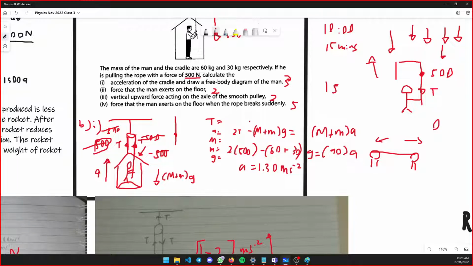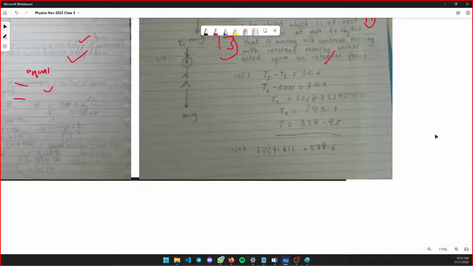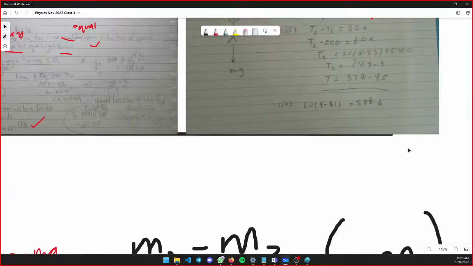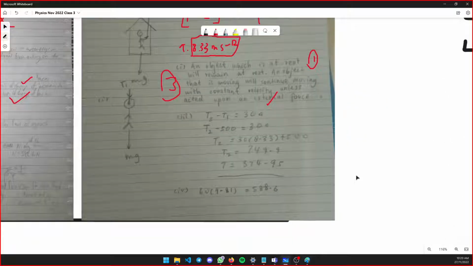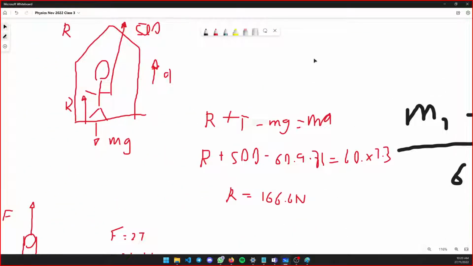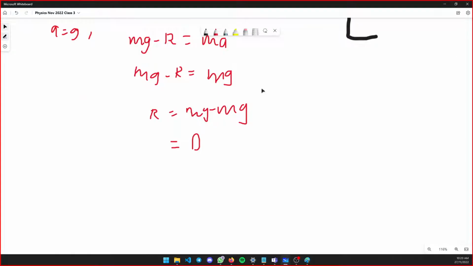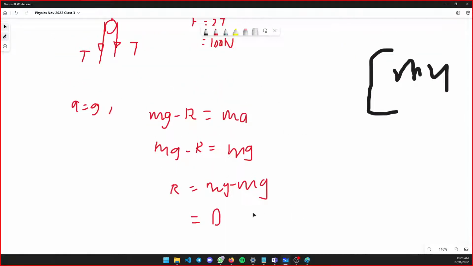For this one you don't even need any working. You just put 0. I think that should be enough, but if you put working it is also good, because this is around 1 mark. It's one of the easier answers, but it takes time to think a lot. The force will be 0 newtons.